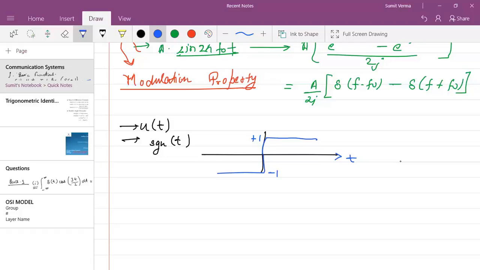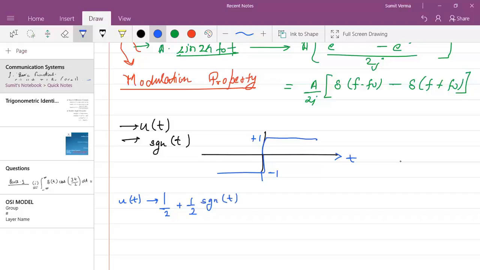One, you can see, is just a unit step function. In the negative time axis also you are taking a unit step function but inverted in value. This is your signum function. If I want to change signum function to unit step function, I can write u of t as half plus half signum of t.